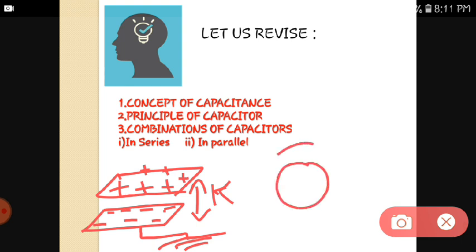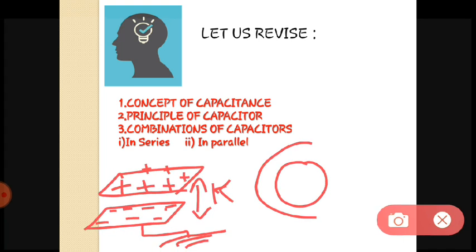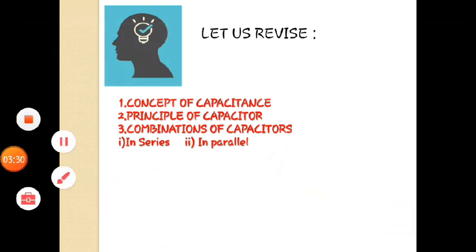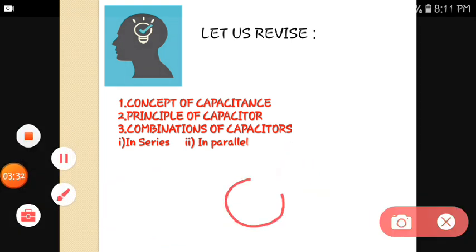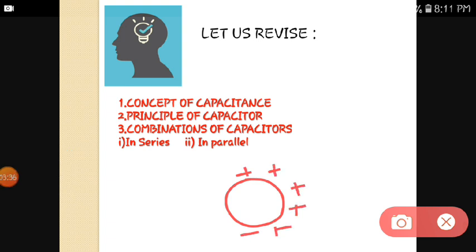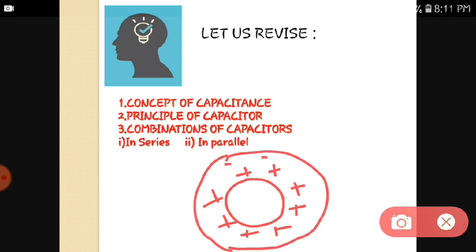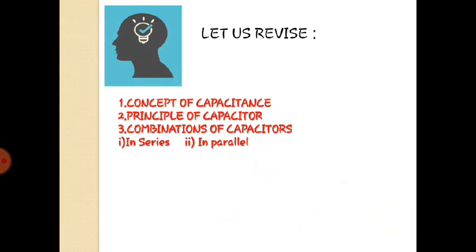When two spheres are given like this, I will draw it again. One sphere has positive charge all over the sphere and another sphere has negative charge, equal and opposite, and the negative one is connected to ground, and in between them there is a dielectric medium.